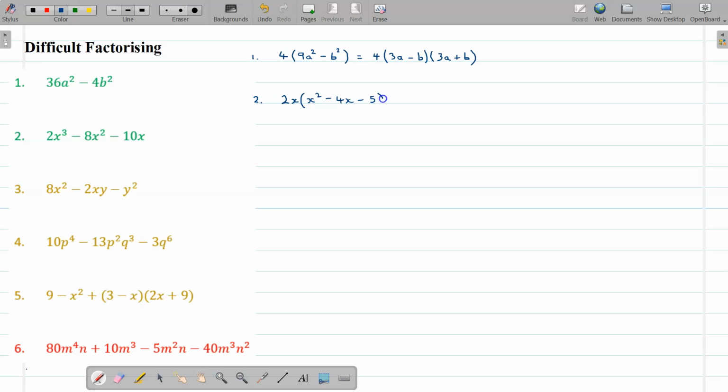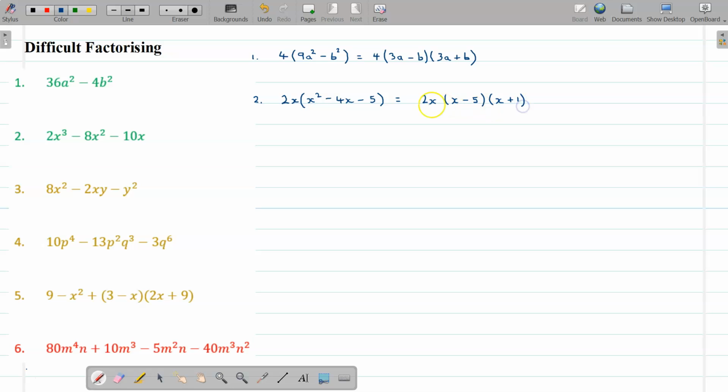Now, it may be the case that that quadratic didn't factorize, in which case that would be as far as you could go with your factorization. But this does factorize because you're looking for the factors of minus 5 that add up to give you negative 4. So you're going to see that that's x minus 5 and x plus 1.